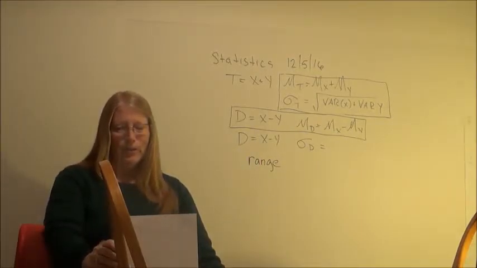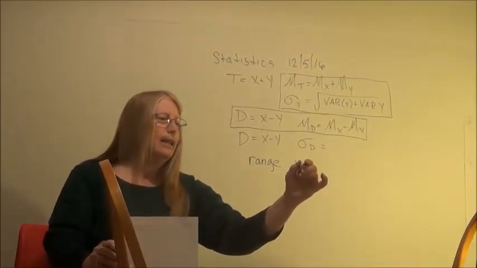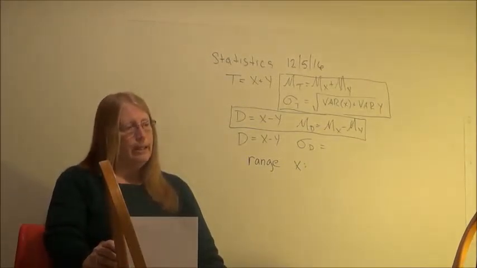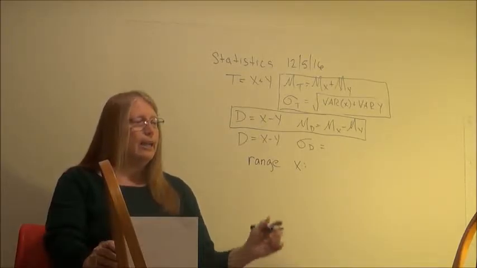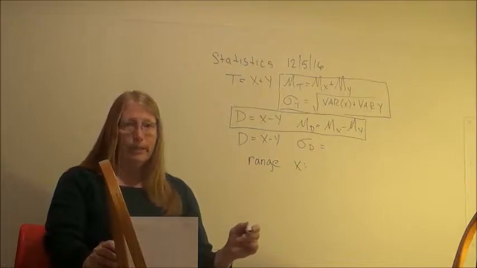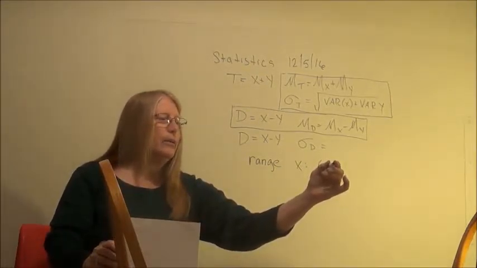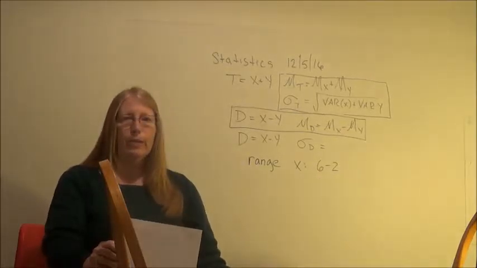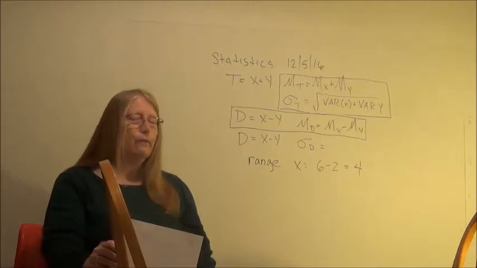So I'm going to look at range, and I'm going to start with Pete. I want to think of what his range was, so that means his highest possible value minus his lowest. He could have 6 in his car, and he would only operate if 2 were in the car. So his range went from 2 to 6, which gives us 4.